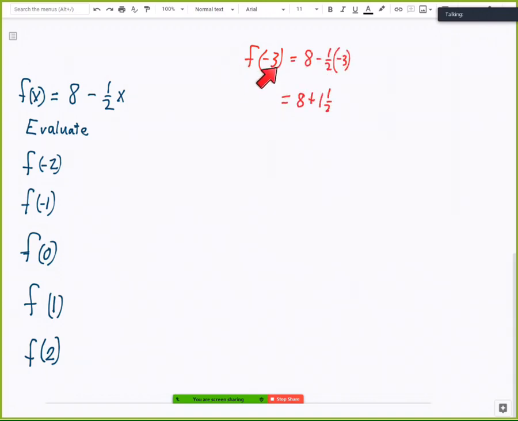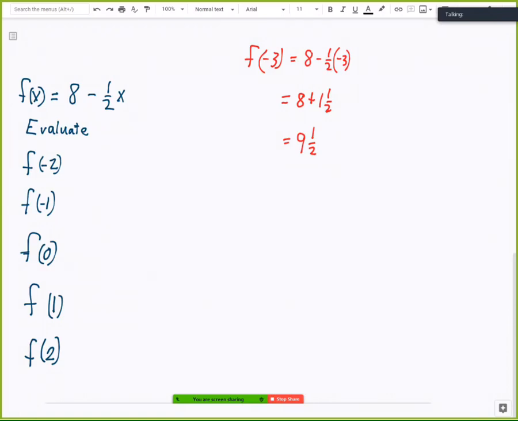I started with x equals negative 3 because we did this as a class activity. When I put in negative 3 for x, I have 8 minus 1/2 of negative 3, and that becomes 8 plus 1 1/2, which is 9 1/2. So what have I done by evaluating the function at f of negative 3?